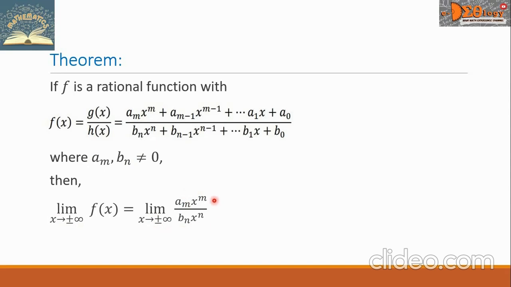Take note here, the numerator is the first term in the function g of x, while the denominator is the first term of the function h of x.